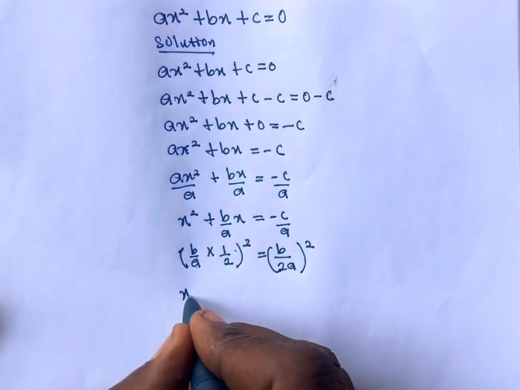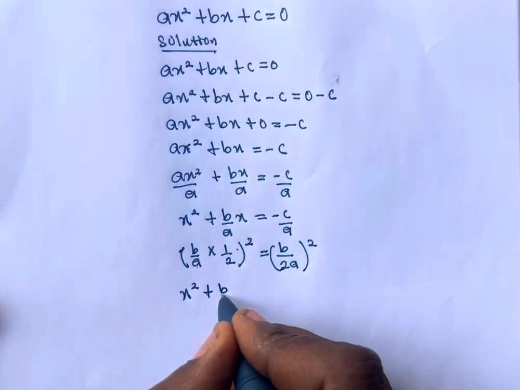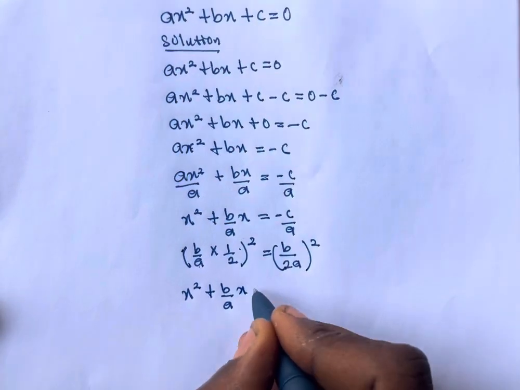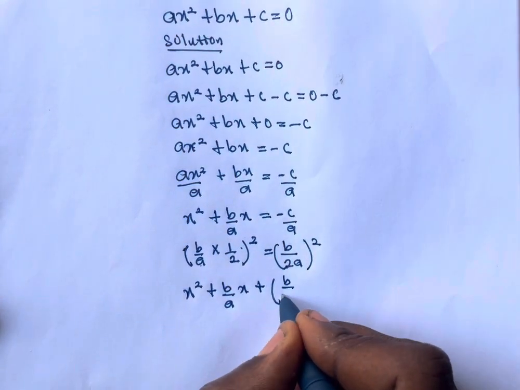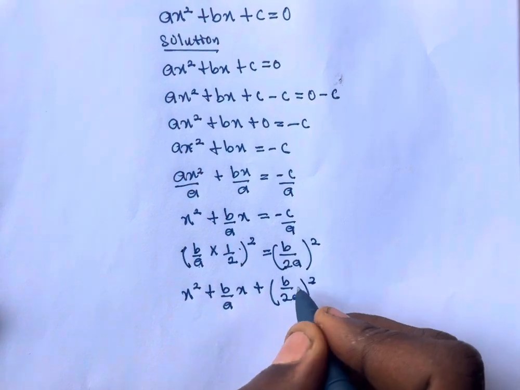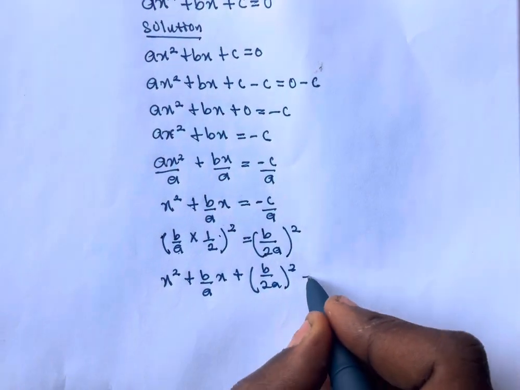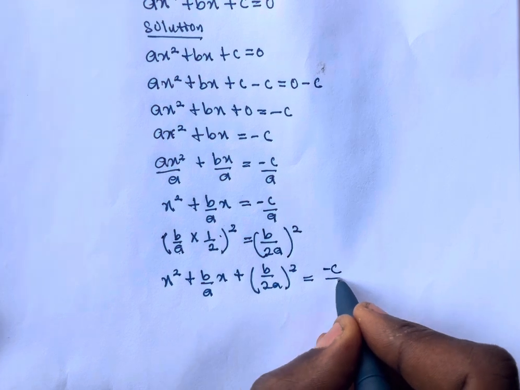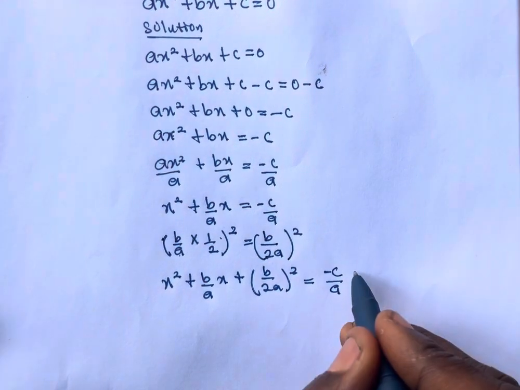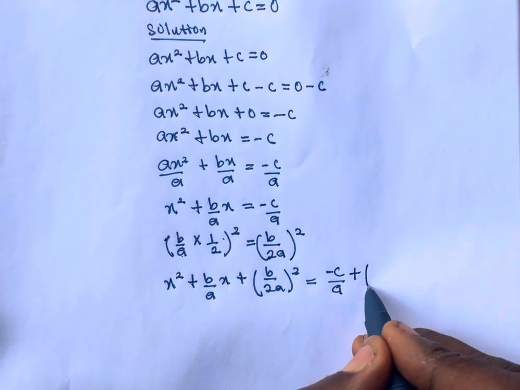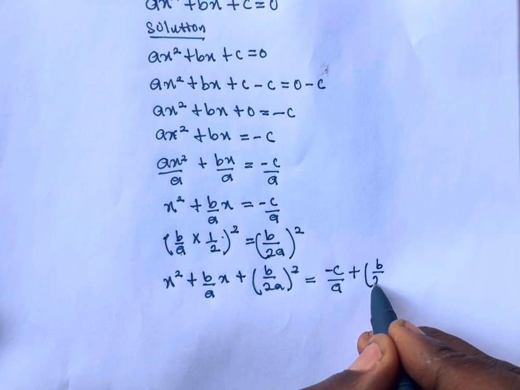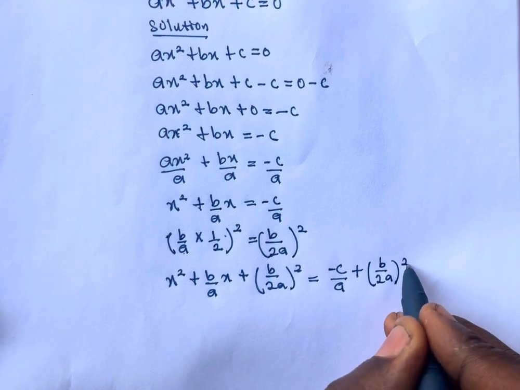We have x squared plus b over a x plus b over 2a squared is equal to minus c over a plus b over 2a squared.